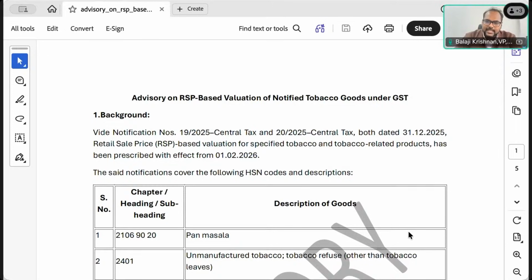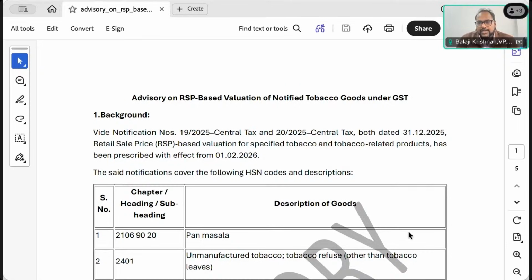But in RSP based valuation, this validation can fail because the deemed taxable value derived from RSP may be higher than the actual commercial value, even though the tax has been calculated as per law. So if taxpayers directly report the RSP based taxable value in system fields, the system may trigger an error. To address this issue and to ensure smooth compliance without any disruption in systems, we have issued this advisory.